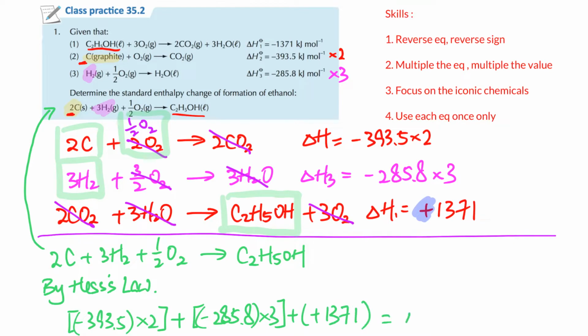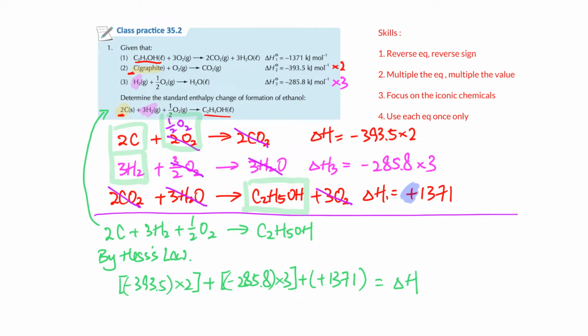This will then be equal to the delta H. By doing so, you'll find that the delta H will equal negative 273.4 kilojoule per mole.